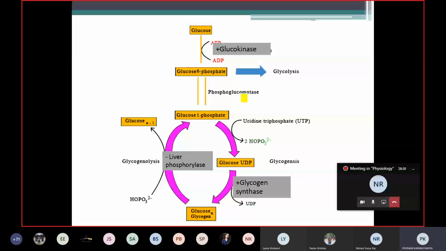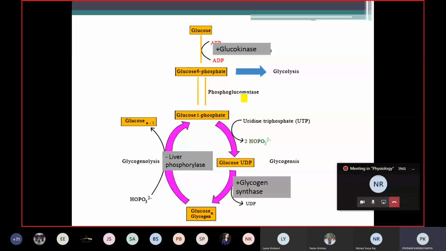And in between meals, when food is not available, the blood glucose in our body tends to decrease. Now when the blood glucose decreases, it will cause the pancreas to decrease insulin secretion, right?